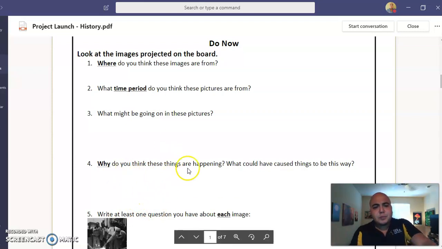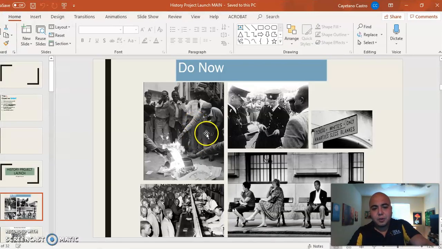Question 3, what might be going on in these pictures? As you can see, for example, for this picture, you see people burning documents. Over here, you see an individual being apprehended by police. What should activate the prior knowledge that you probably have is this picture right here. It says tickets, whites only.